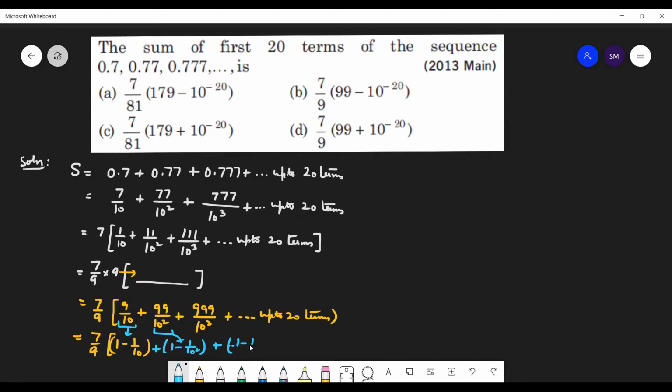So you will get here 20 minus, 1 by 10 is your A. So that's your A into 1 minus R^20, R is 1 by 10. And number of terms are 20. So this divided by 1 minus 1 upon 10. Okay.